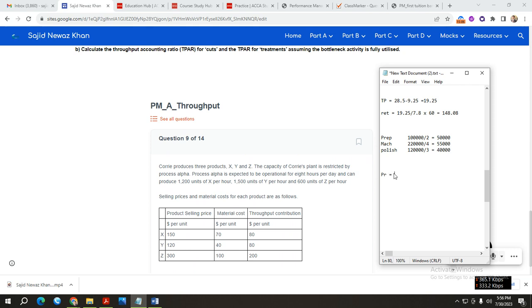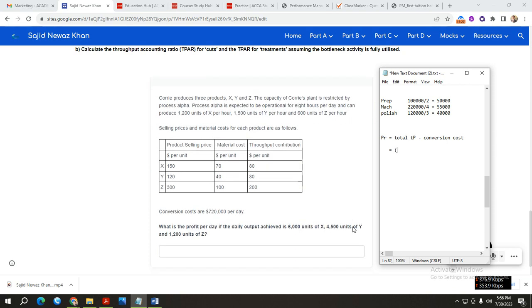Profit very simply is my total throughput minus my conversion cost. So let's do the total throughput first.